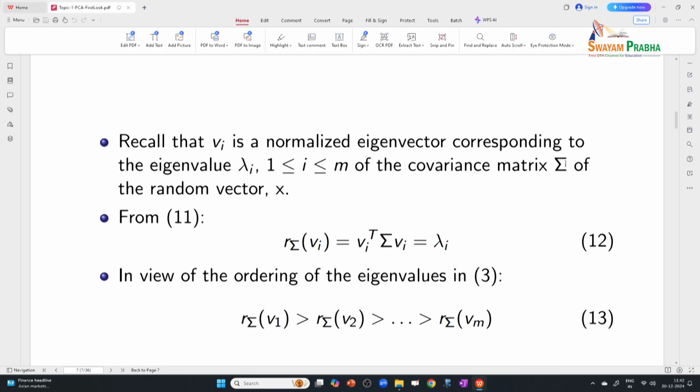Now I would like to specialize by picking A to be not any A but my matrix sigma. What is sigma? Sigma is the covariance matrix of my random vector x. And what is the random vector x I started with? X is a centered random variable, its mean is 0, its covariance is sigma. And we know x is in L2. So I may not know the exact distribution of x, but I do know the mean and its covariance.